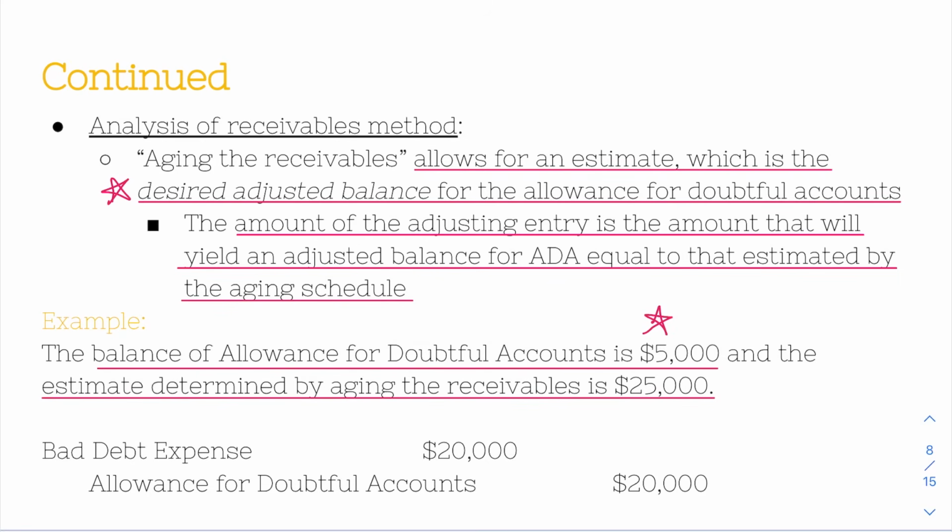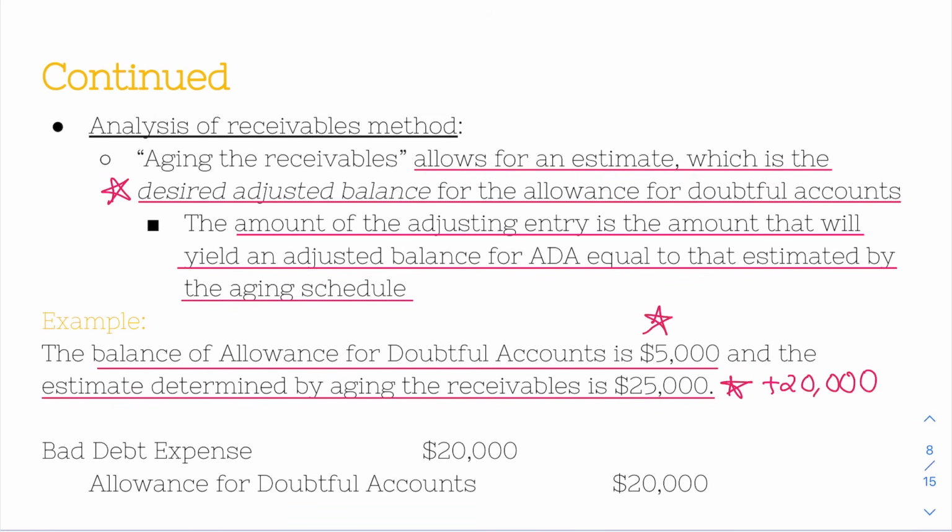And then you do your whole process of aging the receivables, and you get that the desired adjusted balance is $25,000. Then what you're going to do is figure out what you need to do to allowance for doubtful accounts to make it be this $25,000. So there's already a $5,000 balance in it. To get it to be $25,000, you need to increase it by $20,000. So what I was saying earlier was that instead of just using the $25,000, you have to consider what's already in the account when you're making your entry.